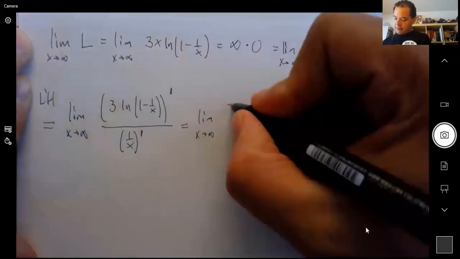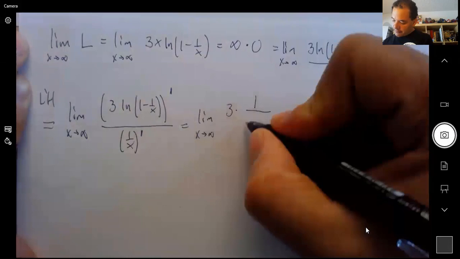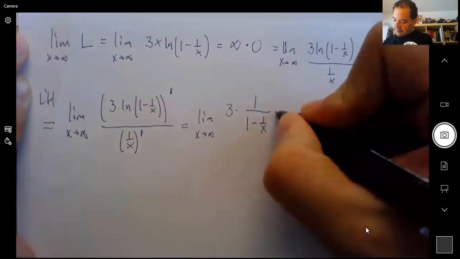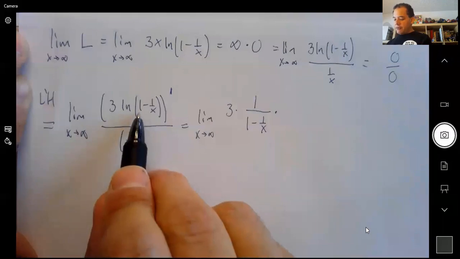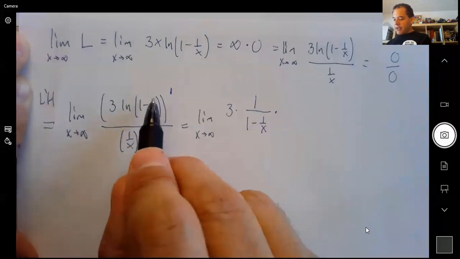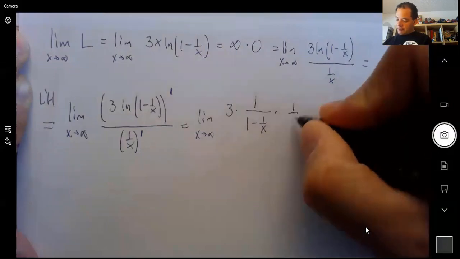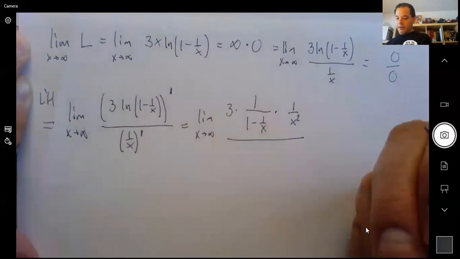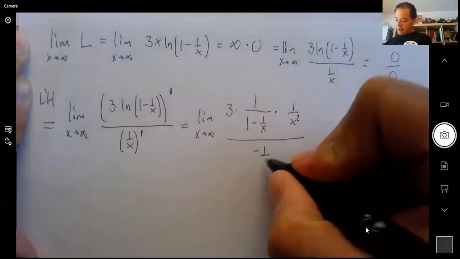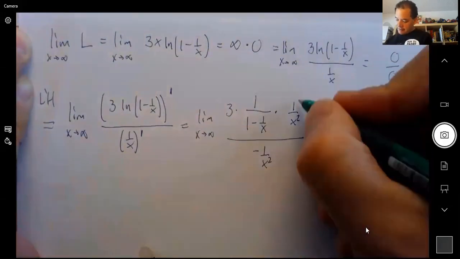3 is just a constant. The derivative of ln of something is 1 over that something. And then is the derivative of 1 minus 1 over x. The derivative of 1 is 0. And the derivative of negative 1 over x is 1 over x squared. Over the derivative of 1 over x, that's negative 1 over x squared. And this cancels with this.